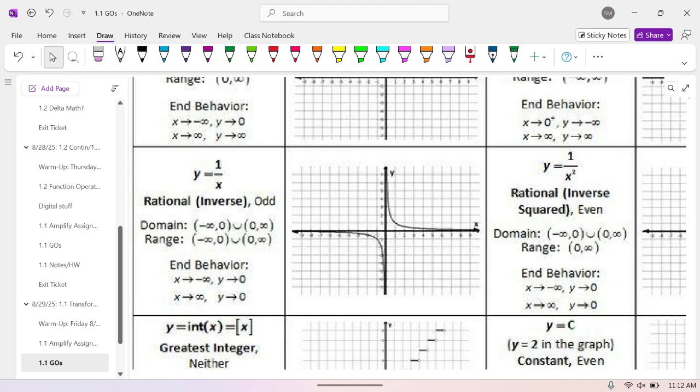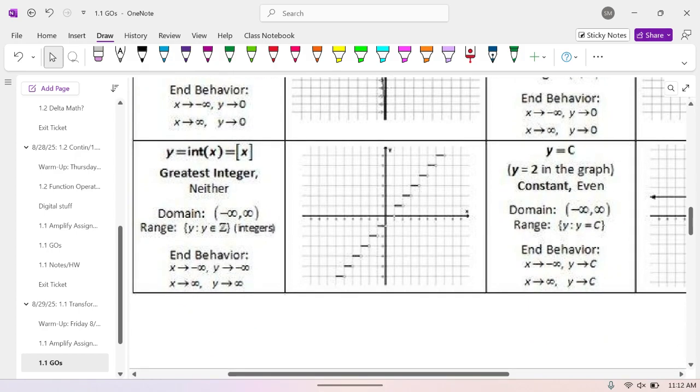You'll see that again in Unit 4 when we actually do our rational function unit. Then there's the integer function, which I like to call the step function, because it literally looks like a stairwell. It just goes up in steps. Again, you don't need to know this one per se. It's just nice to know, but I'm not going to ask you to identify it.